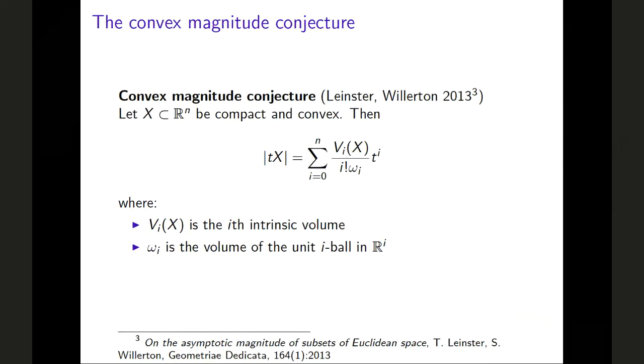Then there are all sorts of values in between 0 and n-1, and not much is known about these intrinsic volumes, but they are very interesting objects of study. So if this conjecture were true, and we will see on the next slide that it's actually not, it could be very helpful, because one could use the magnitude to understand more about the intrinsic volumes.